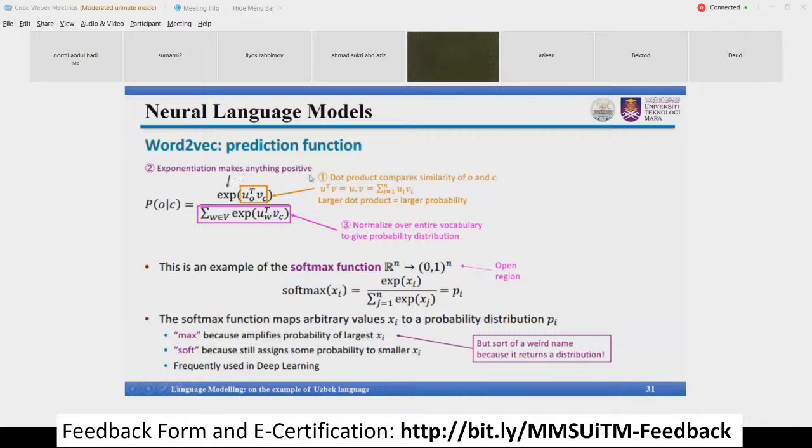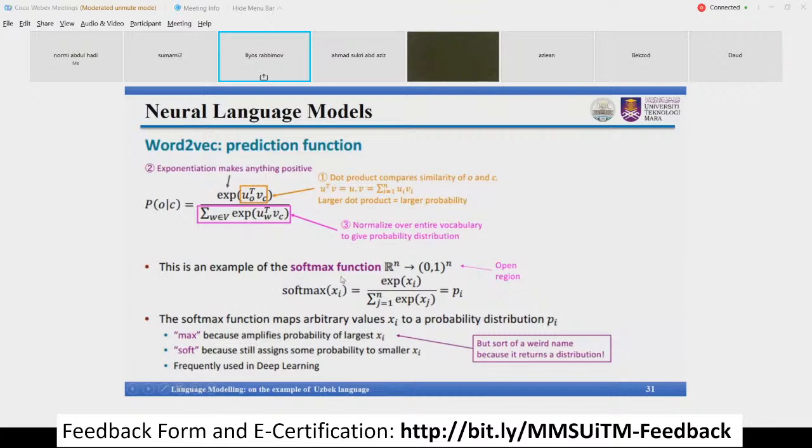Exponential makes anything positive, and in the softmax function, dot products compare similarity of O and C, U transpose dot product V. A large dot product means a large probability, and we normalize over the entire vocabulary to give a probability distribution, because the sum of probabilities needs to equal 1.